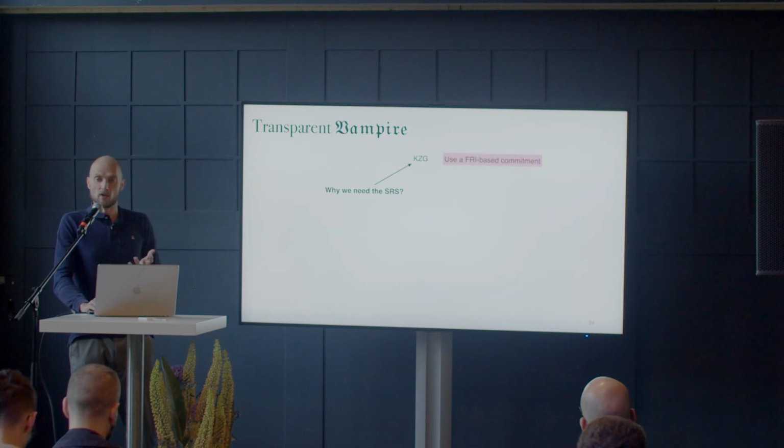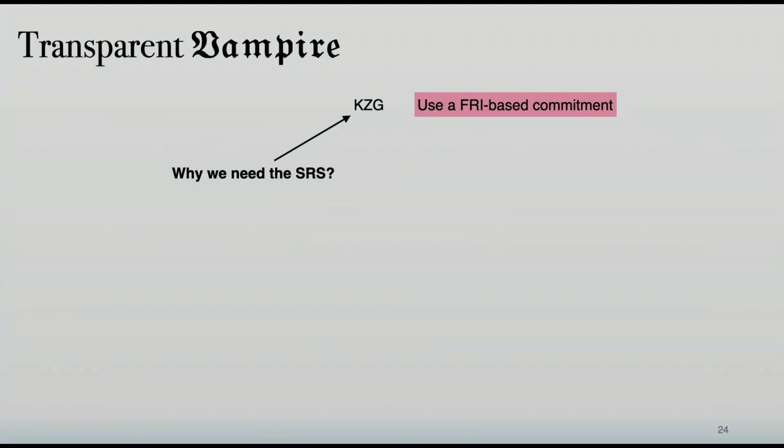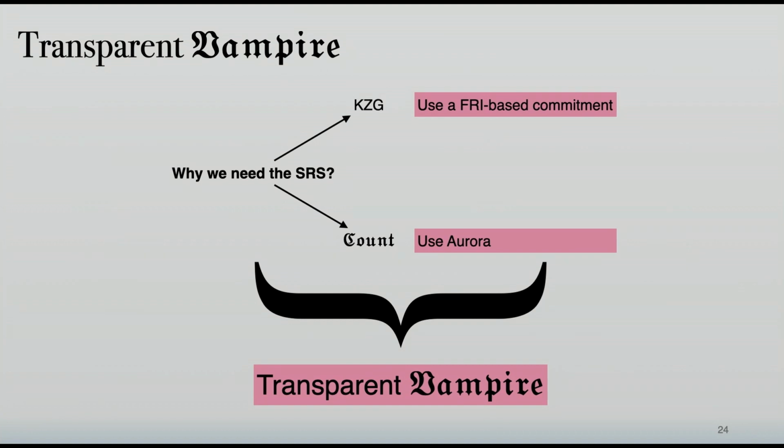But instead, we could use some FRI-based polynomial commitment, right? Like in STARKs. On the other hand, we have count, which also relies on an SRS. But instead of count, we could use Aurora. So we would be worse by one group element, but we could also remove the SRS. Altogether, that would give us a transparent vampire.